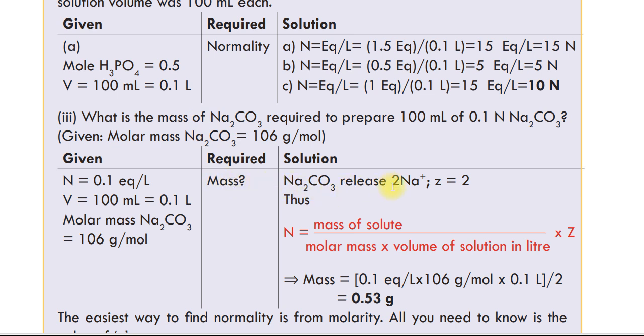Sodium carbonate releases 2 moles of sodium ion, that means Z is 2. Thus normality is equal to mass of solid over molar mass times volume of the solution in liter times Z, ወይም ባጭሩ given mass over molar mass ማለት n ማለት ነው, number of mole of solute over volume of solution in a liter times Z.